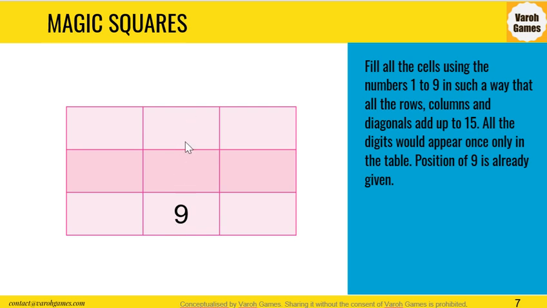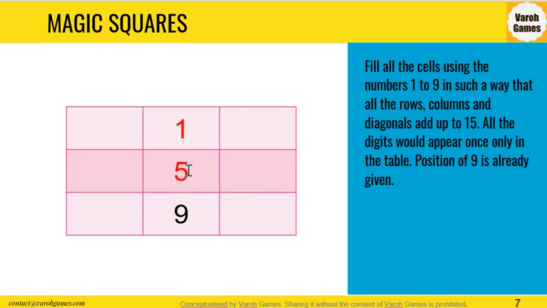So either 1 plus 5 will come here or here and 2 plus 4 will come here or here. But I choose to write 5 over here and 1 over here. Why so?